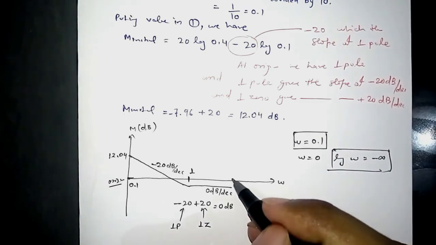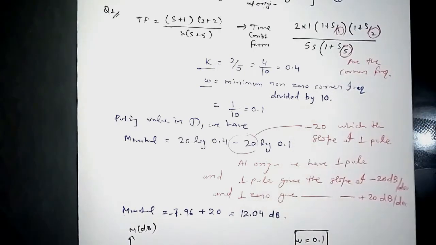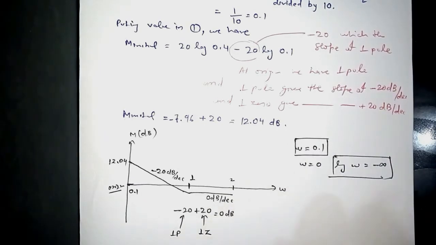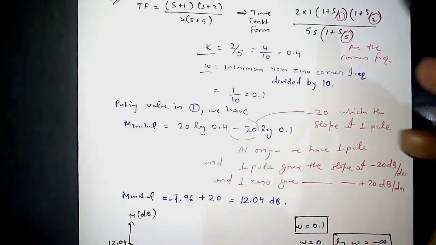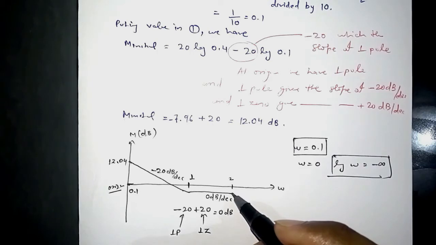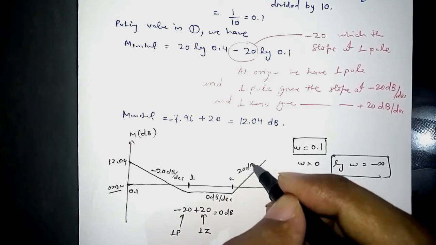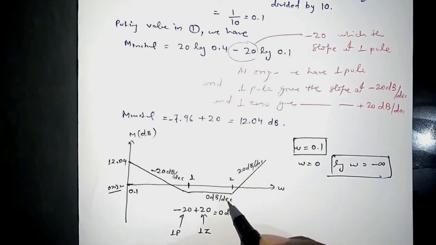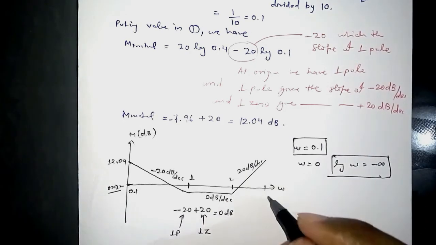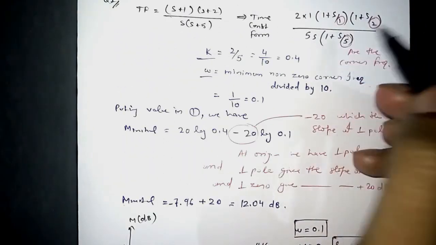Then at omega equal to 2 we have another zero. This zero will give 20 dB per decade of slope. So 0 plus 20, this is 20 dB per decade of slope. Then we have 5, the corner frequency, and at 5 we have one pole again.